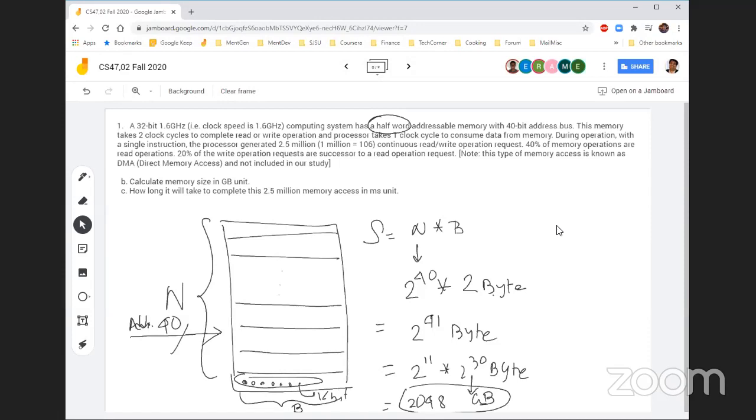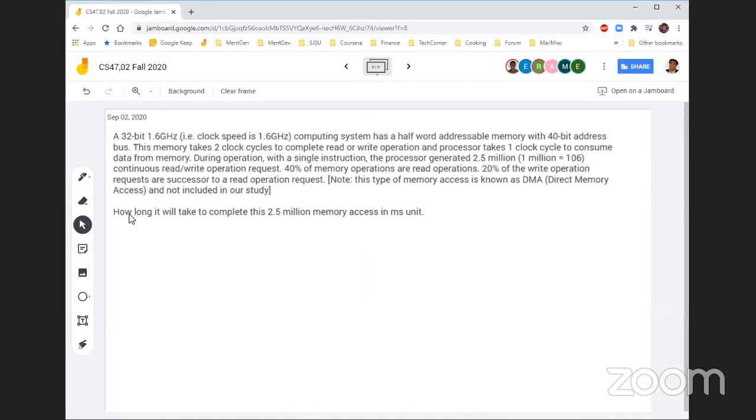Now it is time for the last part: how long will it take to complete these 2.5 million memory accesses in millisecond units. Units are important. Please pay attention to them.